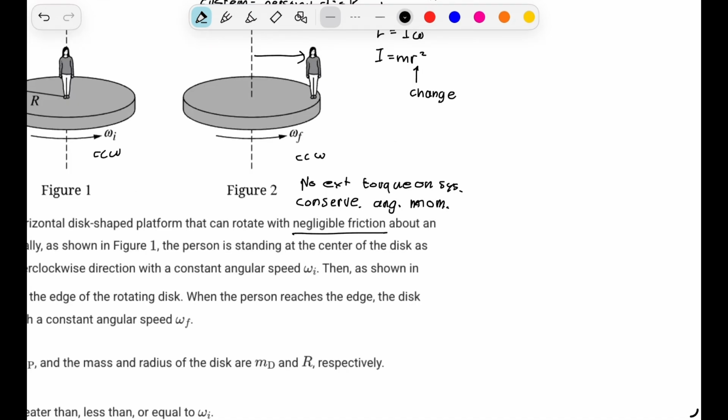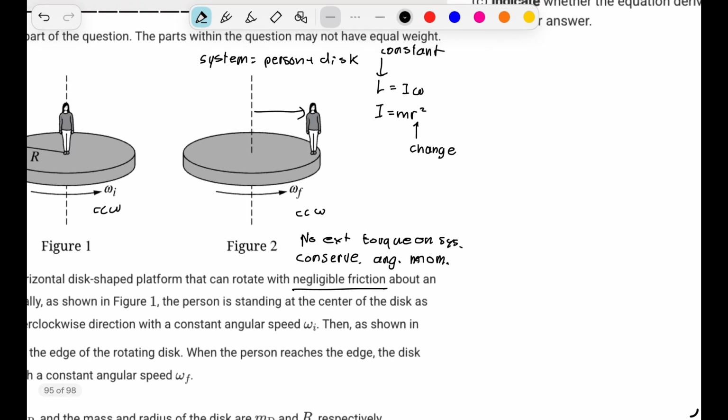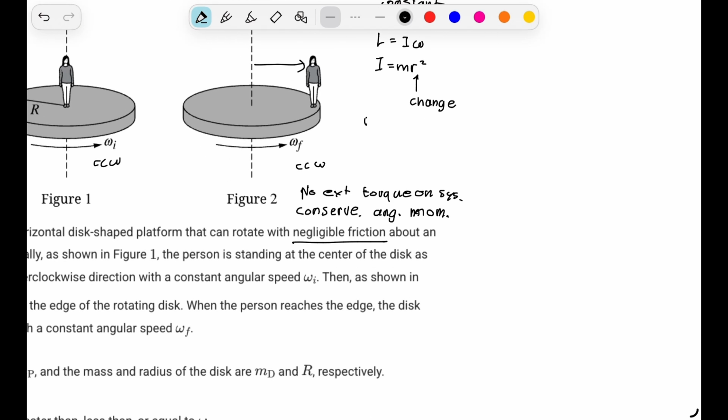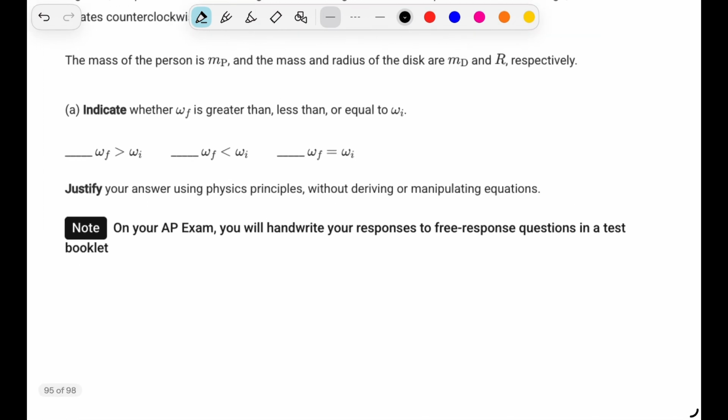So because the angular momentum must stay constant, an increase in rotational inertia is going to mean that angular speed is going to decrease. Since if you have 2 times 4 equals 8, and you have 4 times something, you have to reduce your second number to 2 to still make it 8, as an example. So we would choose this option.